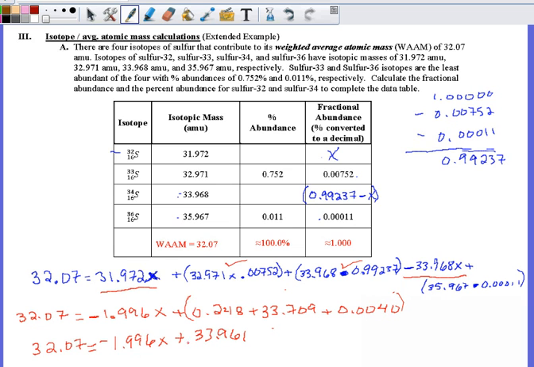Okay, so to solve this, I could subtract 33.961 from both sides. So I'm going to start isolating the x and solving for it. So first subtract this from that, from both sides, and then you'll get a little bit of a simplified part.